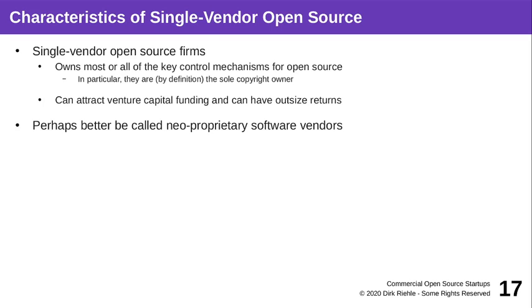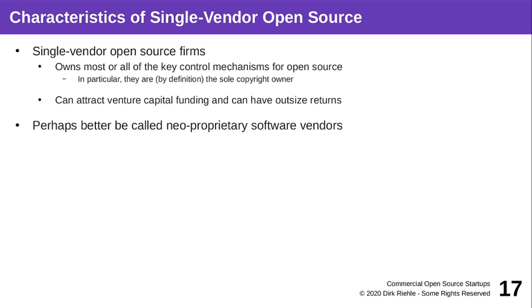The way this strategy works is that it really is proprietary software in the sense that there's a single proprietor, the single vendor open source firm. That there's a proprietor doesn't mean they don't give rights away. So it's not closed. Proprietary and closed does not mean the same.